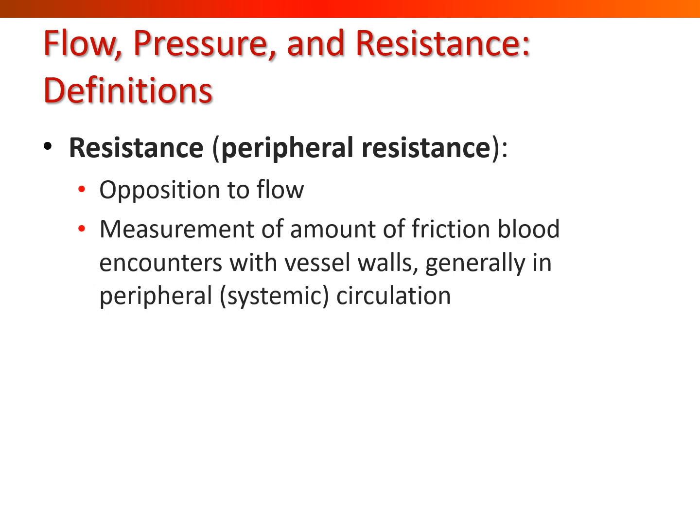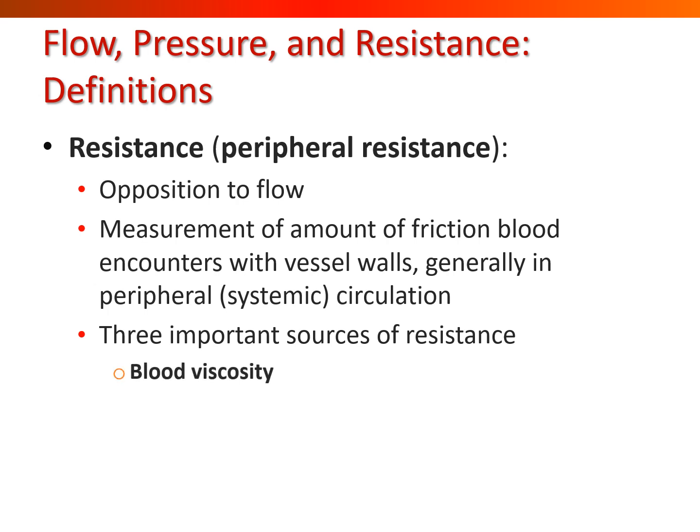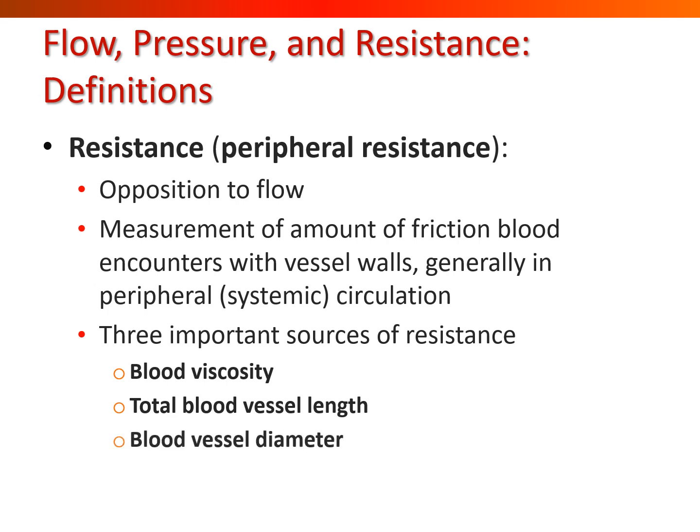But there are some other factors that we can look at as well, and there are three important sources or factors that lead to resistance. One of them is the blood viscosity, and we'll talk about that in just a second. The total length of a blood vessel plays a role, as does the blood vessel diameter. So let's take a look at each one of those.